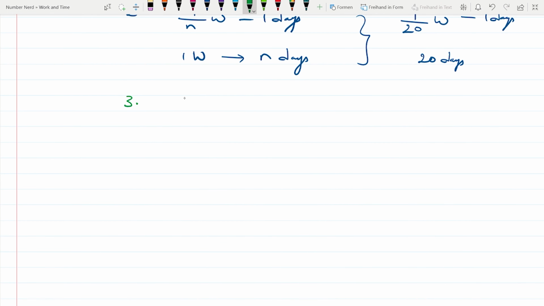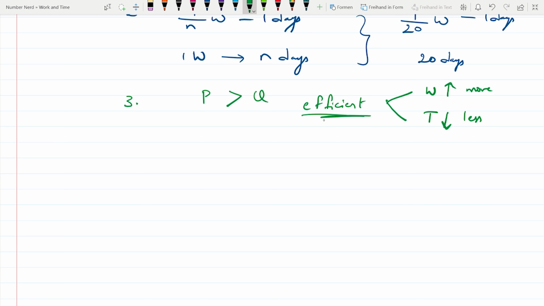Rule 3 says, assume there are two persons, person P and person Q. P is more efficient than Q. Here I am using the term efficient. Efficient defines two things: a person should do more work, and also he should complete more work in less time.